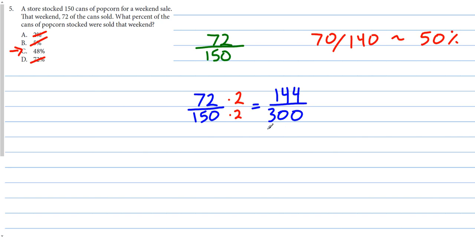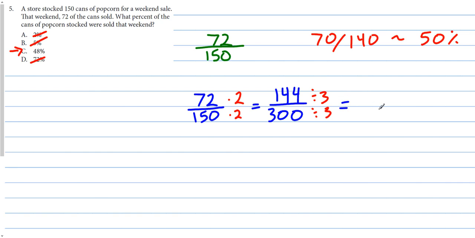So I'm going to get rid of the 300 and divide by 3. If I do that on the bottom, I have to do that on the top as well, the numerator and the denominator. So let's go ahead and do that.